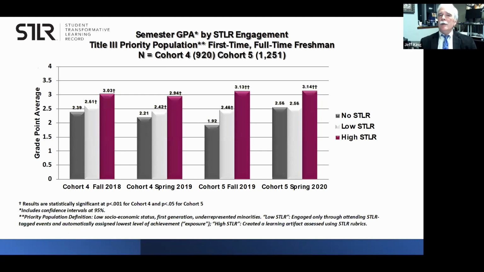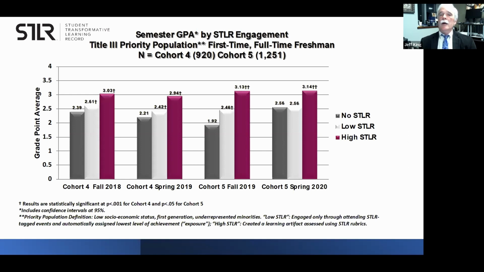Here you see some of the data showing the improvement in academic performance as measured by grade point average, once again across 5 years among our students. And this is an important slide because you can see that this is that at promise population that I described a minute ago.